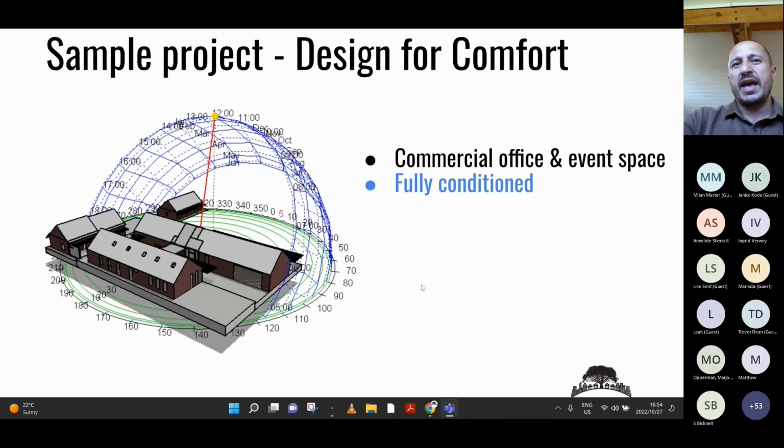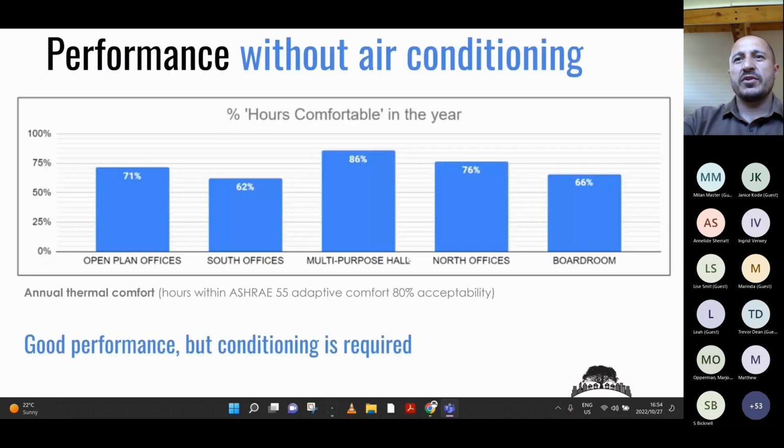We started off looking at sun penetration, etc., and climate, and moved into comfort. We said, okay, what is the thermal comfort looking like without air conditioning? So we looked at what happens if we take the air conditioning out and run natural ventilation models on this building.